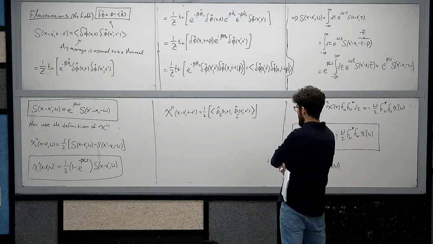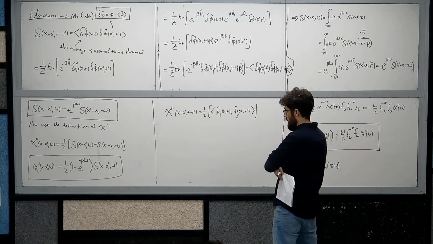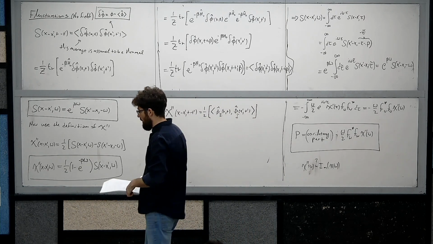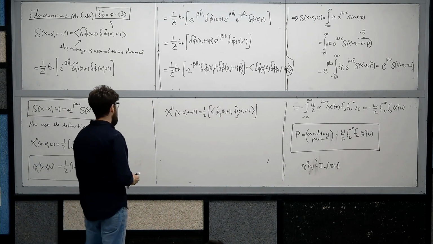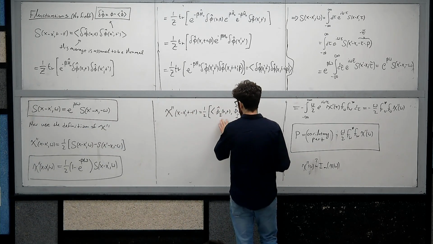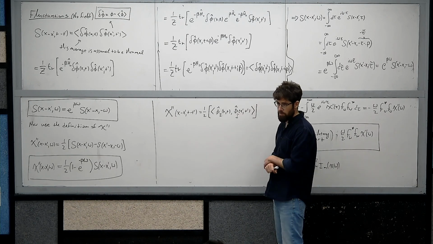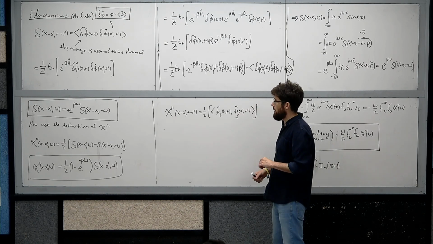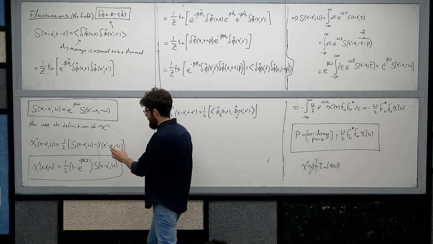Okay, hold on one moment. I think it's not a problem, because this is a commutator. So if these guys would have some expectation value, it would fall out of the commutator. So you see this relationship here?